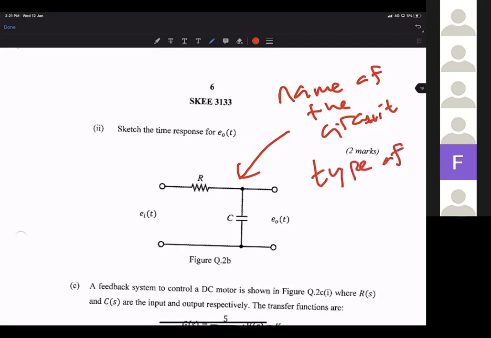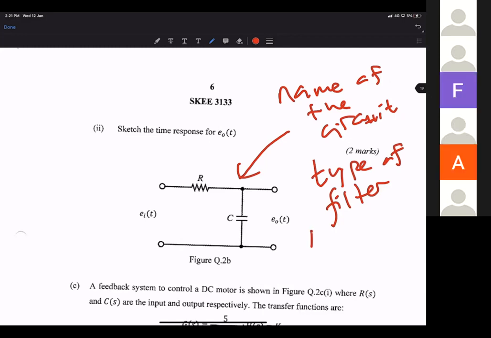Oh, it's a type of filter. Nukman. Yes, doctor. It's a type of filter. What is the name of this filter? Aisyah Saleha. Low pass filter.